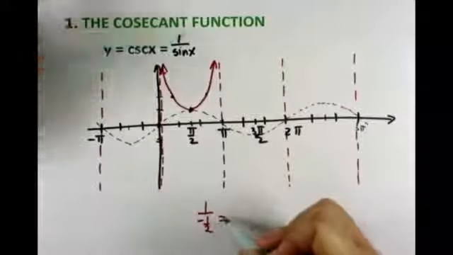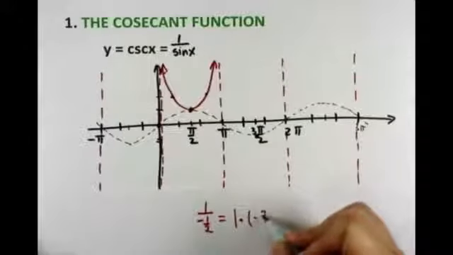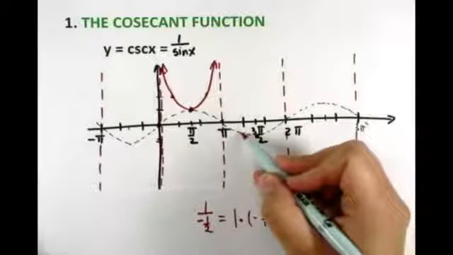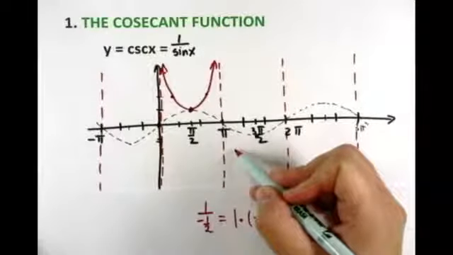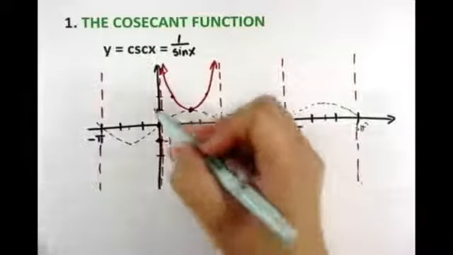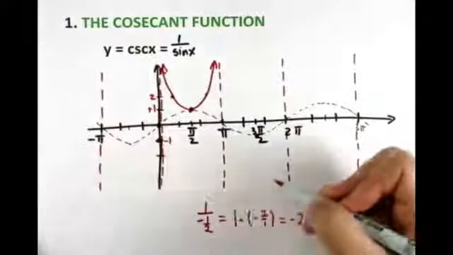And that gives me 1 times, flip it over, -2 over 1, which is -2. So this value, where it was 1/2, now it's going to be -2. -1, -2. This one is +1, 2, and so on.